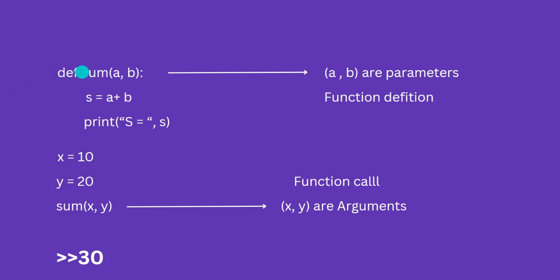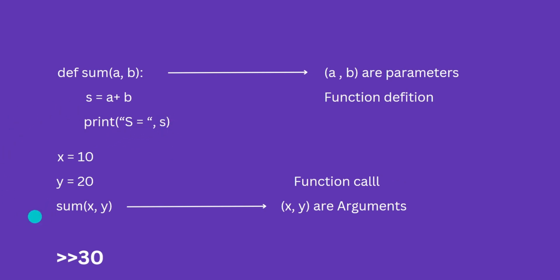Here is a function named sum. Inside it there are two parameters, a and b. Then s equal to a plus b, which means the sum of the a and b variable values is going to go inside the s variable. Then we are going to print s, the value whatever it is.